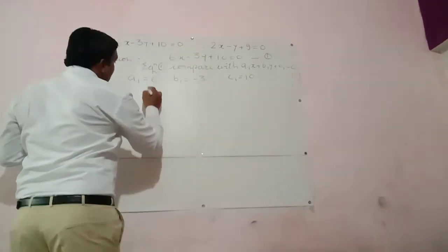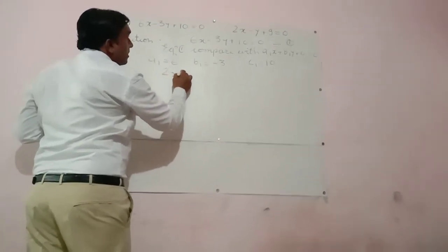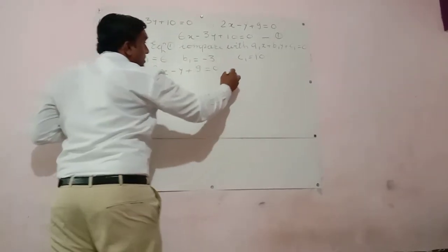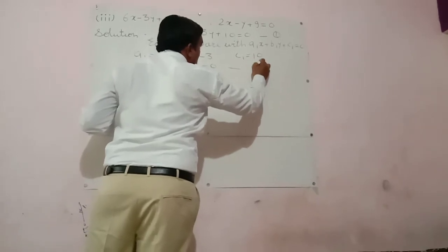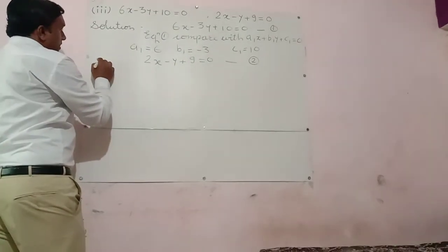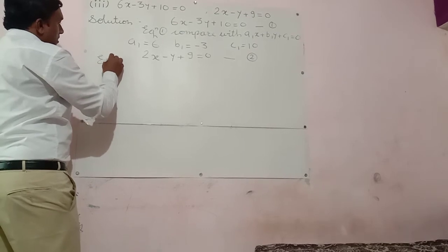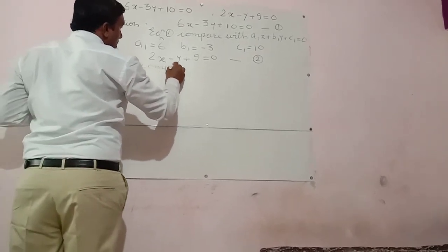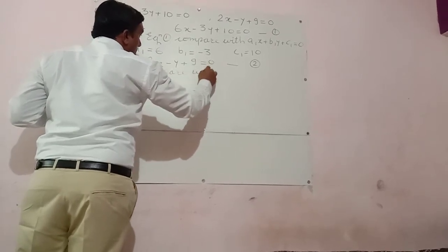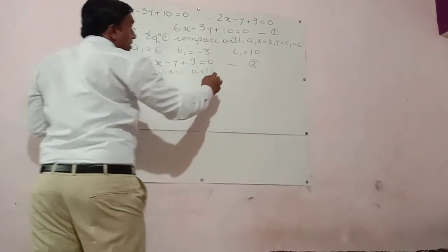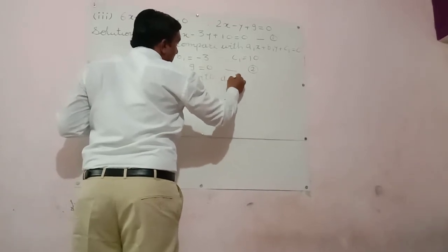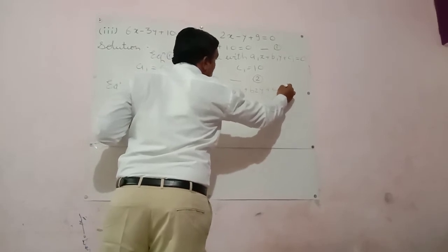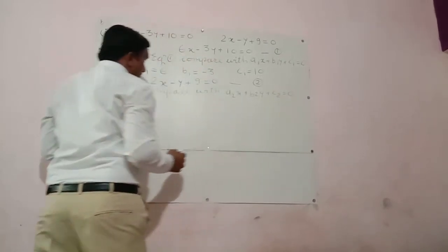Now our second equation, that is 2x minus y plus 9 equal to 0. This is our second equation. Compare equation 2 with a2x plus b2y plus c2 equal to 0.